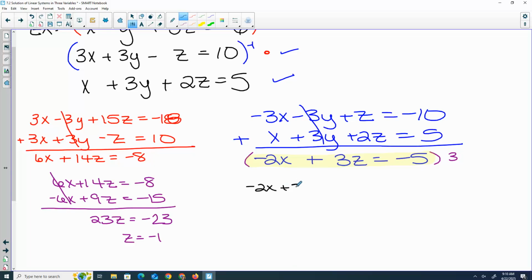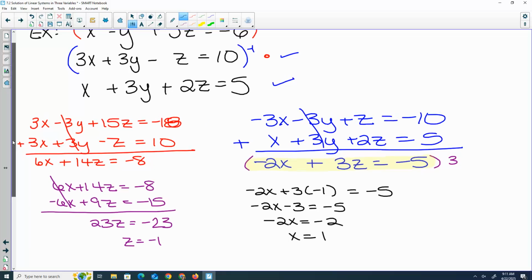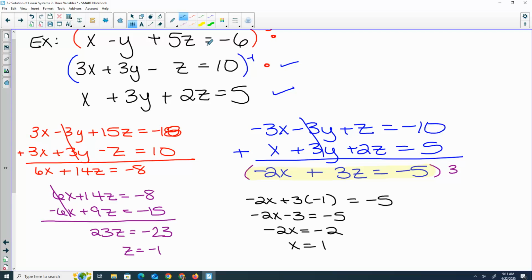Negative 2x plus 3 times negative 1 equals negative 5. And then when I put it back in, either of those, or any of the three equations, if I just go with the first one, x is 1 minus y is 5 times negative 1.